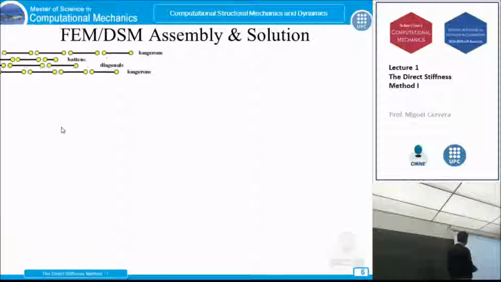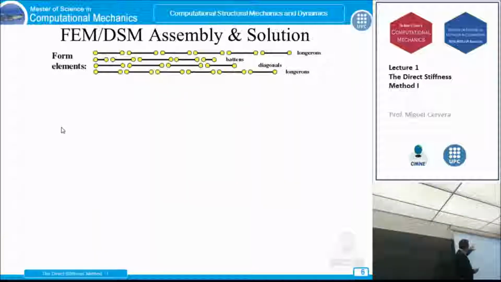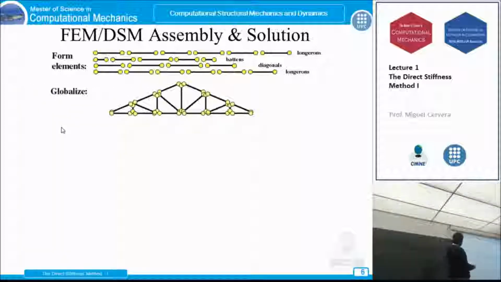In the second phase, element by element, we form the elements. We will see in a few minutes that by forming the elements, we mean that we need to form the stiffness matrix and the force vector of the element. When we have done this, we globalize, which means that we take this element and we put it here, and we take this element and we put it here, and we take this element and we put it here.